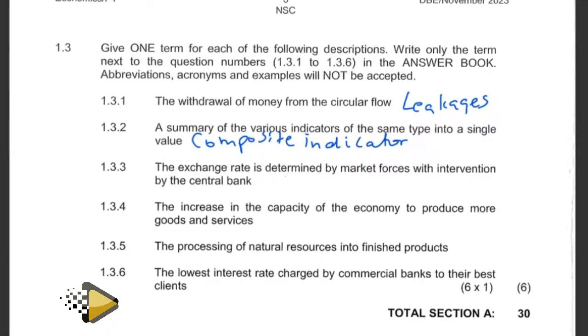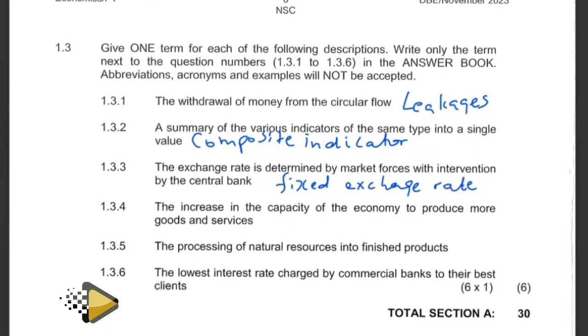The fact that the central bank in this regard is actually now being part of this forex means the appropriate answer in this regard is going to be fixed exchange rate, because we have the floating or free exchange rate where there's no central bank intervention. So this one is going to be fixed exchange rate. Fixed exchange rate. Okay, right.